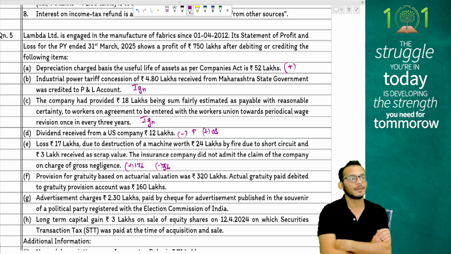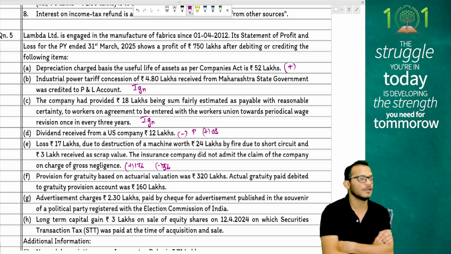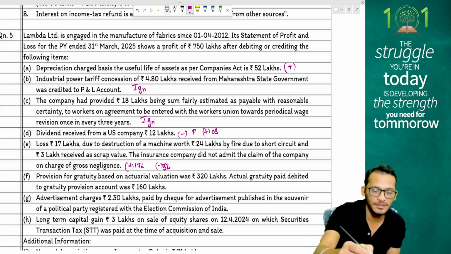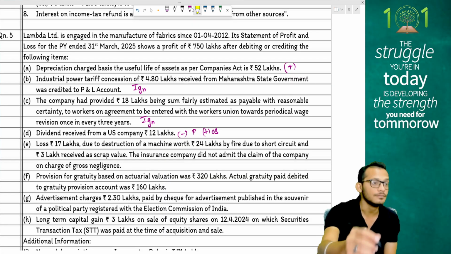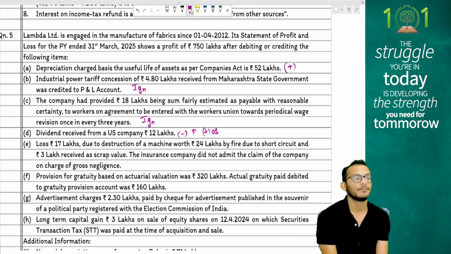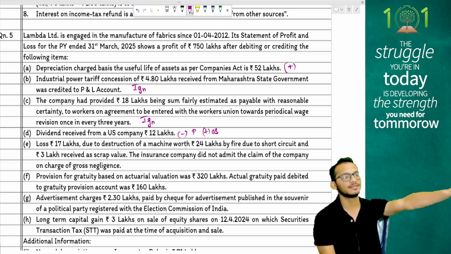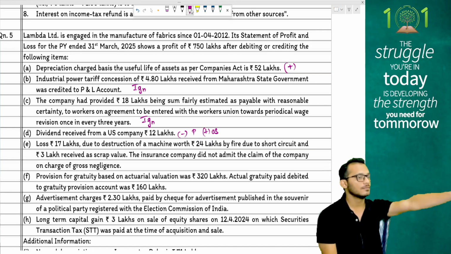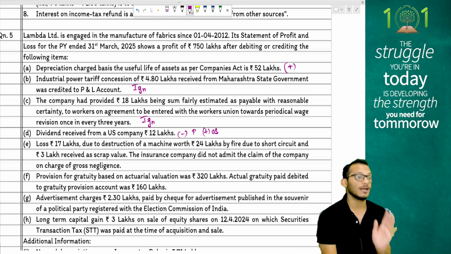With the machinery still remaining, you have no choice but to continue depreciation. For you to continue depreciation, income tax will say you will only remove my sale value from the block. So sale value gets removed from the block, which means 3 lakhs will get removed from 24 lakhs.